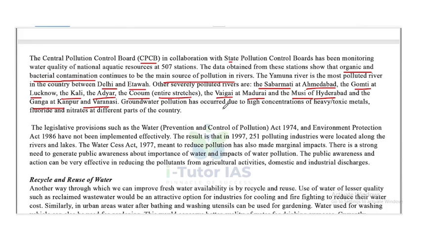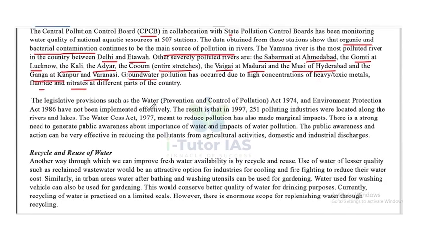Groundwater pollution has occurred due to high concentration of heavy or toxic metals, fluoride and nitrates in different parts of the country. Okay, so the groundwater is also getting polluted because of heavy or toxic metals, fluorides and nitrates in different parts of the country.